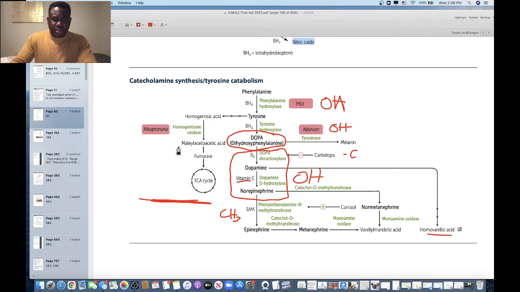Not very high yield to know all this, but you want to know that tyrosine can be converted into homogentisic acid, and at the end of the day, it makes fumarate into the TCA cycle. Now, if somebody does not have this enzyme, which is homogentisate oxidase, they'll have accumulation of homogentisic acid in their system, and the condition will be called Alkaptonuria.